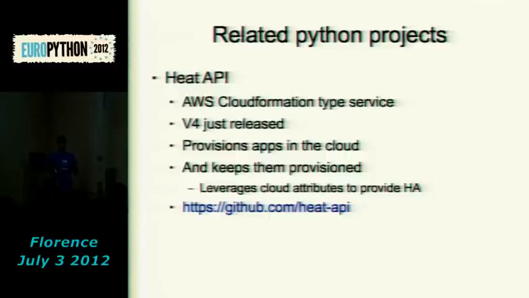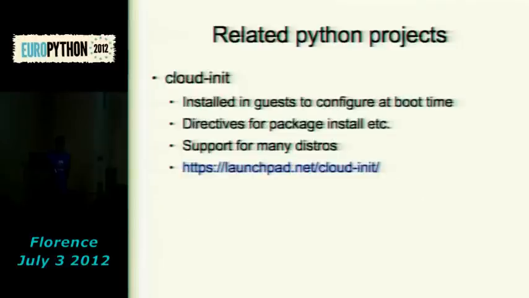For example, if things fail 3 times within a certain period on a VM, it will move the service over onto another VM. If all your VMs go down, it has functionality for moving them over onto a separate cloud. So it's an abstract service that supports high availability and provisioning in general.